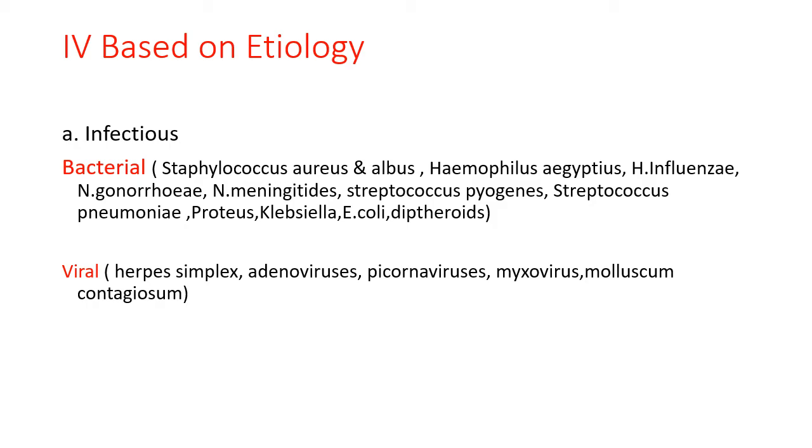The one important point in bacterial, you have to think that Neisseria gonorrhoeae has the ability to invade the normal intact corneal epithelium. So the conjunctivitis because of Neisseria gonorrhoeae is a dangerous one.